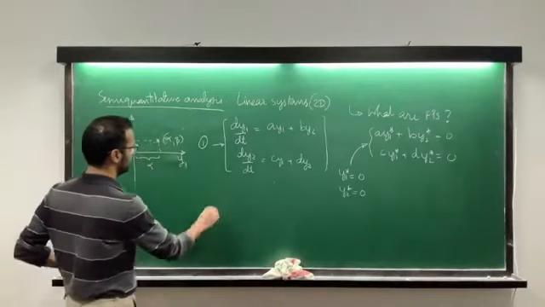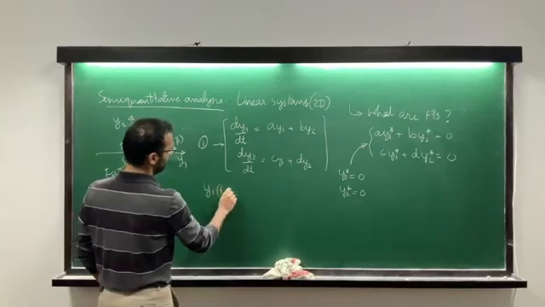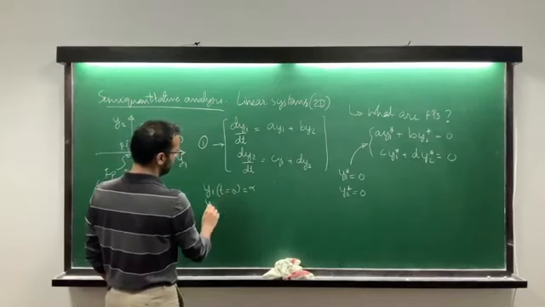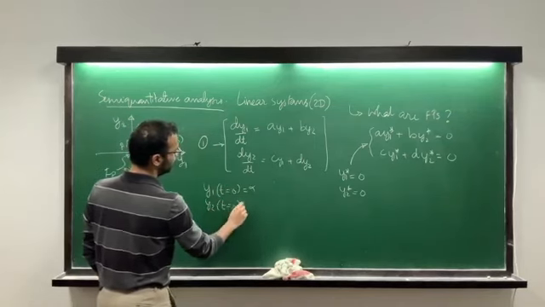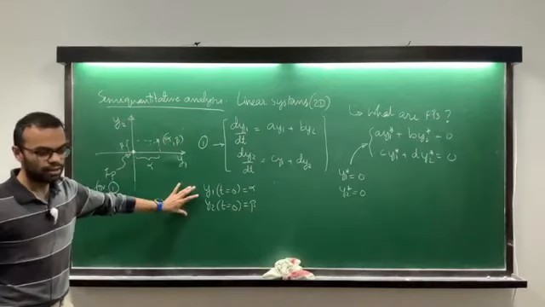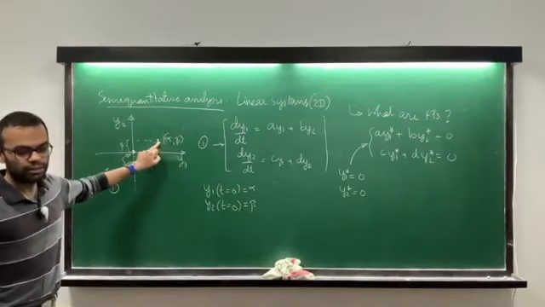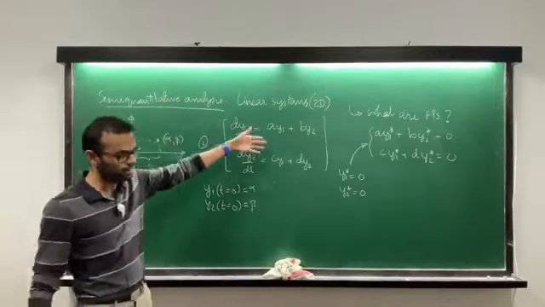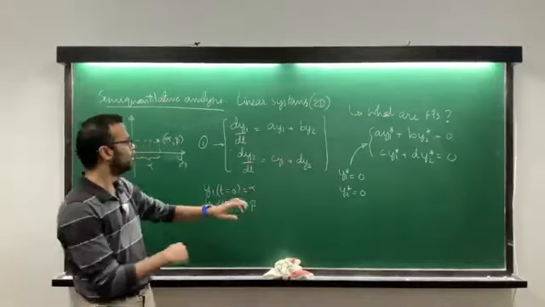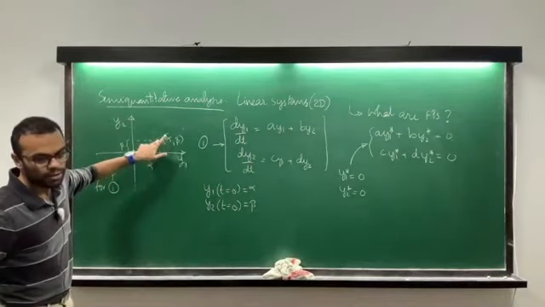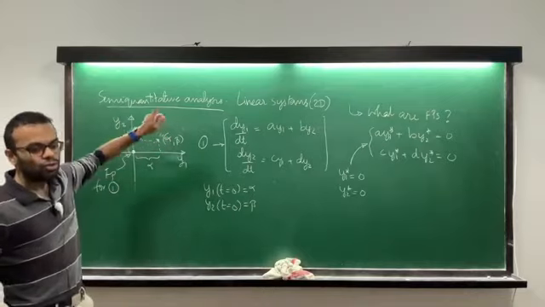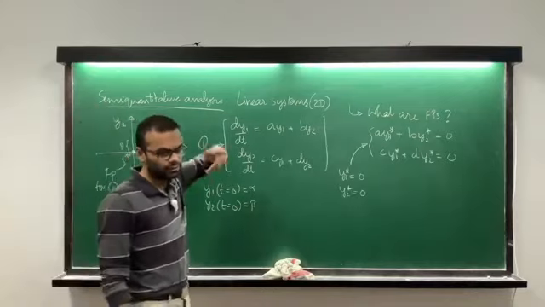Notice alpha and beta are initial conditions, so y1 at t equals 0 is alpha and y2 at t equals 0 is beta. Given these initial conditions, if I had solved this system, where will the trajectory go as t goes to infinity? That's the first question I can ask.